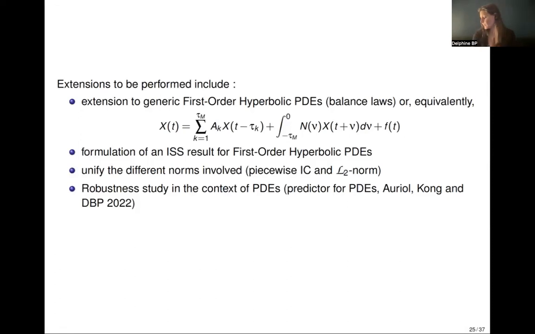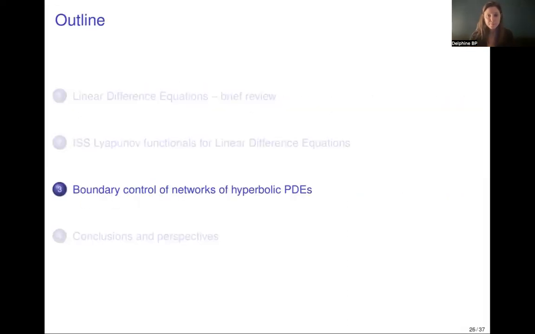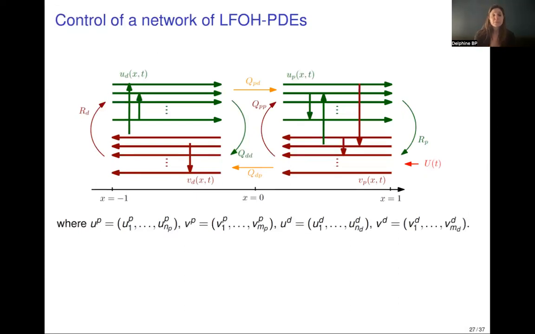So yeah, I don't have that much time, but I just wanted to explain very briefly this last point on why we were interested in this problem. This is because we considered this type of problem where we have a network of hyperbolic systems of hyperbolic PDEs. For instance, you can have this with networks of electric lines.